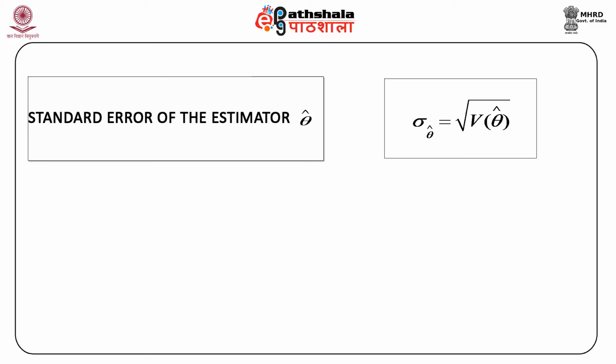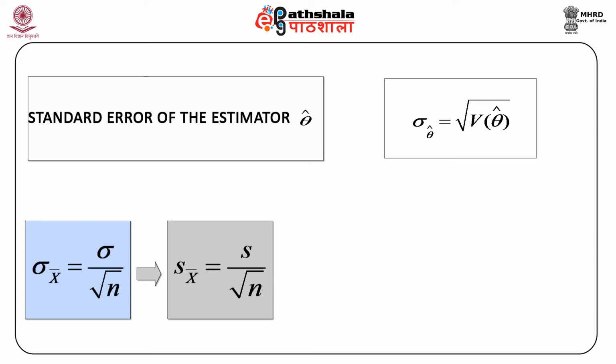Take for example the sampling distribution of X bar, the minimum variance unbiased estimator of population mean mu. Now sigma X bar is equal to sigma upon root n, where sigma is the population standard deviation. Since mu is unknown, sigma would most likely be unknown. Then we need to substitute the sample estimate of sigma in the formula for sigma X bar, and we get the estimated standard error S X bar equal to S upon root n.